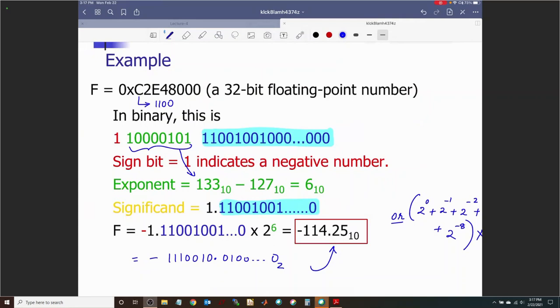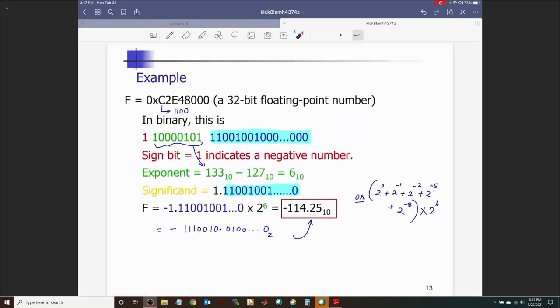So if you take a look at this exponent, when you say exponent, right? These 8 bits are not the exponent directly, not the true exponent; it is related to the true exponent.